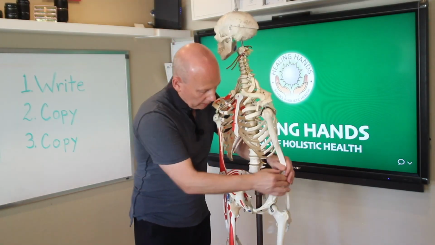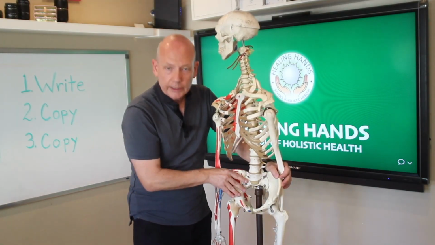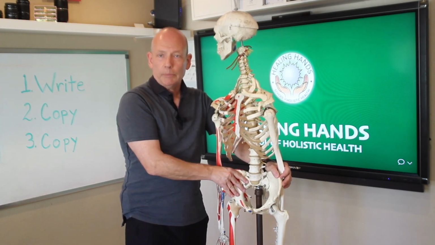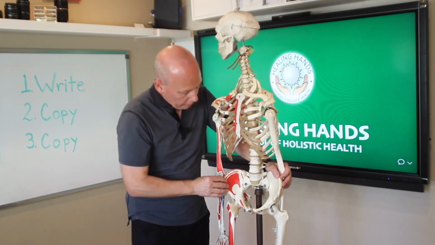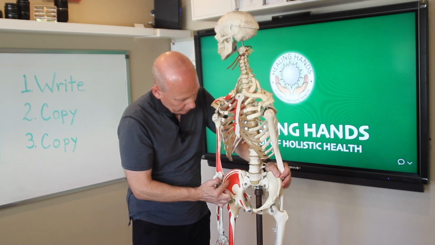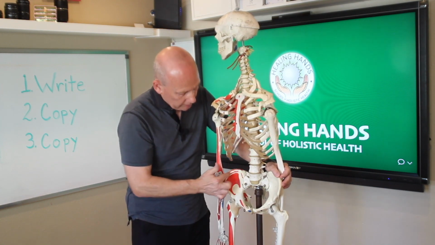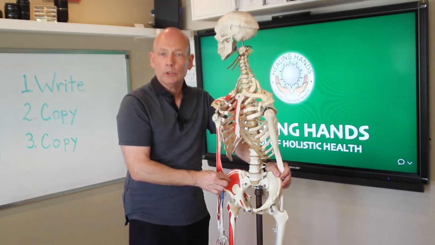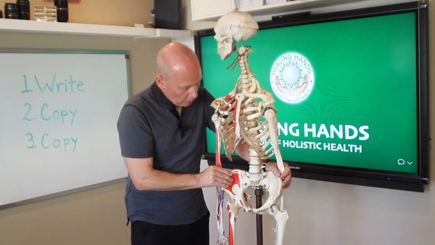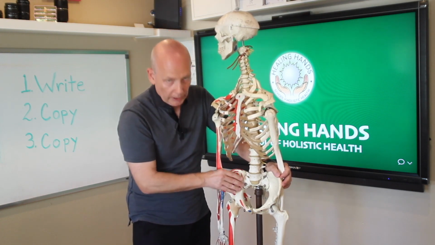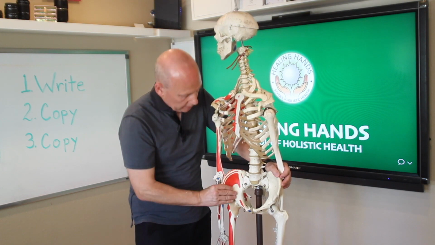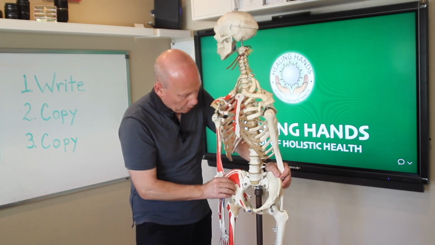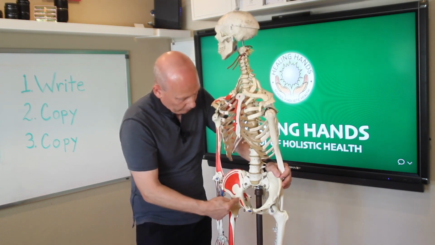Moving superiorly, here we have three different sections of the pelvis. The first part is the large flat bone of the pelvis, known as the ilium. The ilium is this large flat bone of the pelvis from here all the way around here.